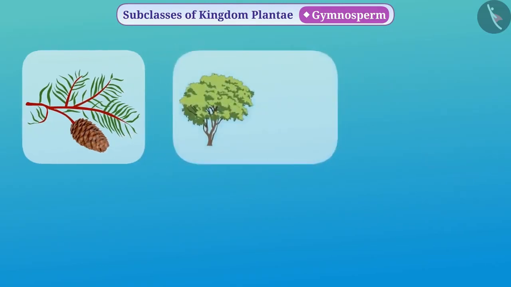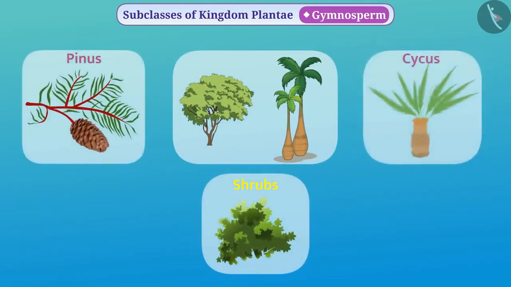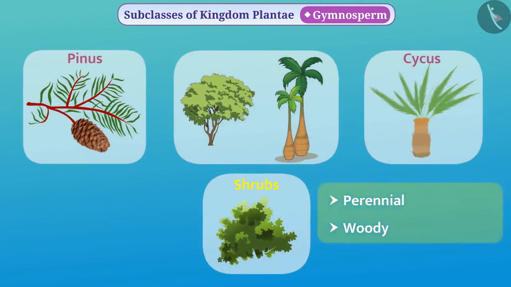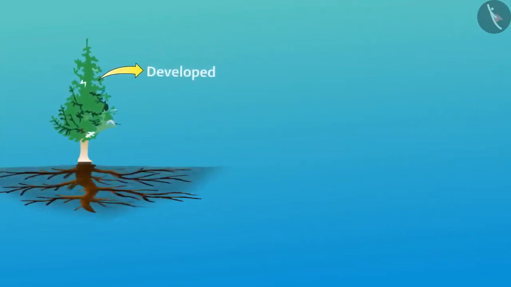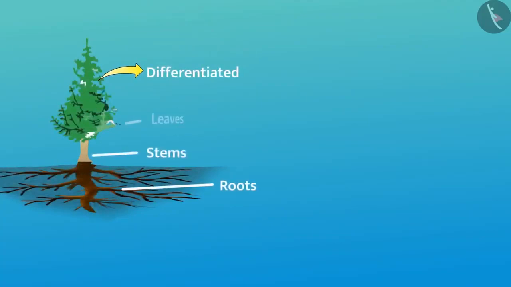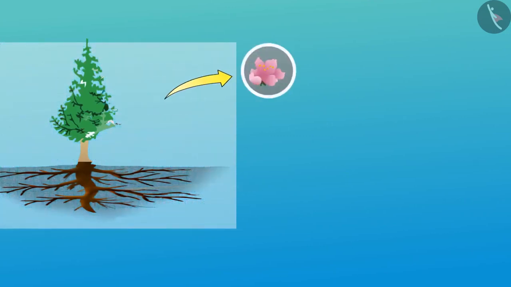They include medium or tall trees and shrubs such as pinus and cycas. These plants are perennial and woody. The body of gymnosperms is fully developed and differentiated in different parts like root, stem, leaves, etc. But they lack flowers and fruits.